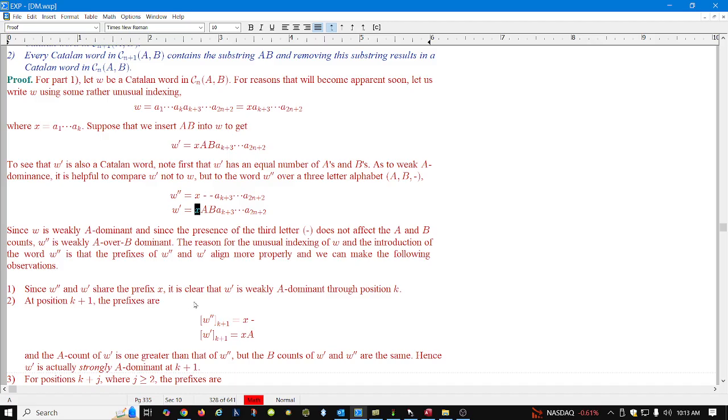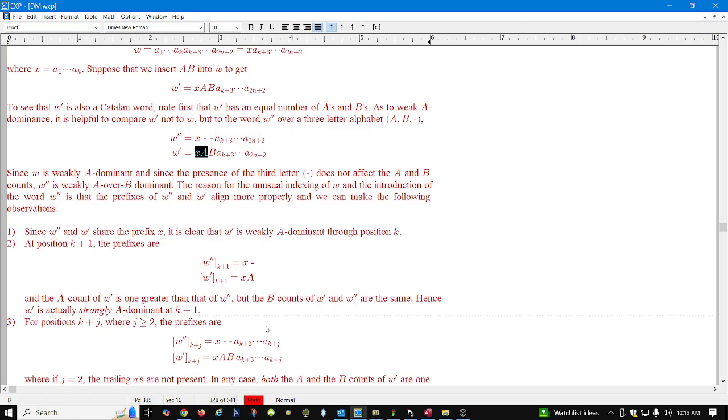So that's the first thing to note. Now at position K plus 1, what are the prefixes? For W double prime at K plus 1, we have X and one hyphen. And for W prime, we have XA. So that's what I've written here.